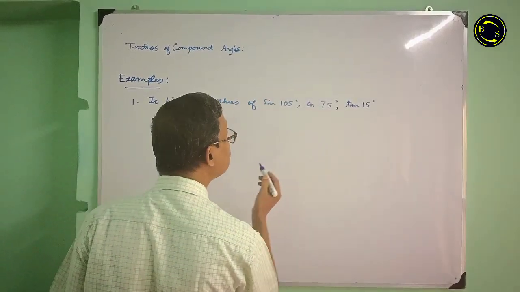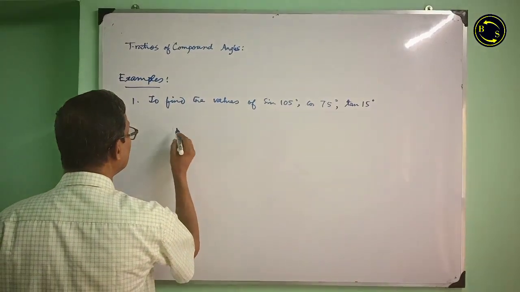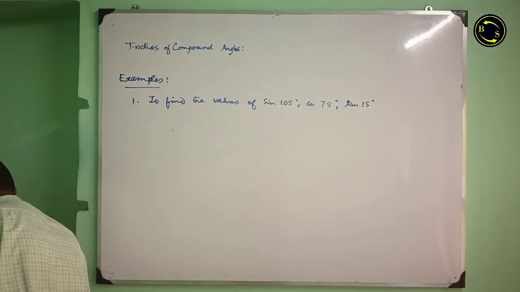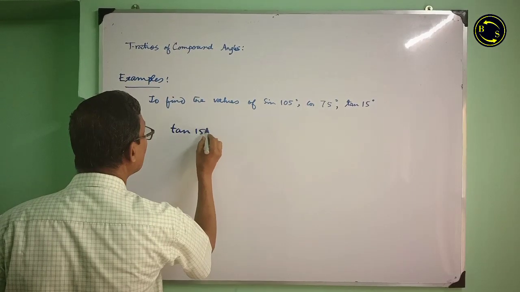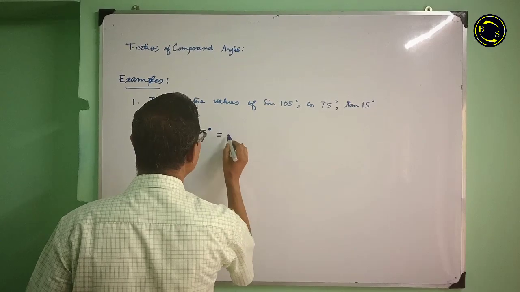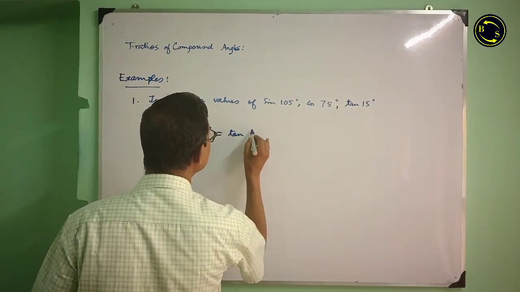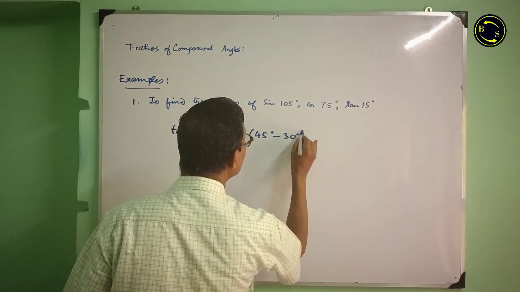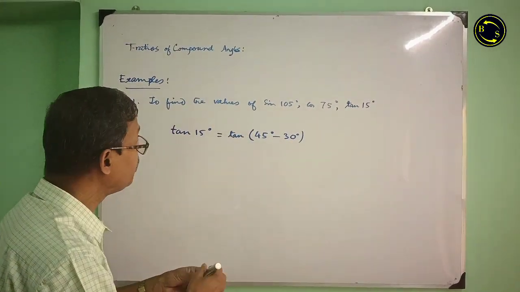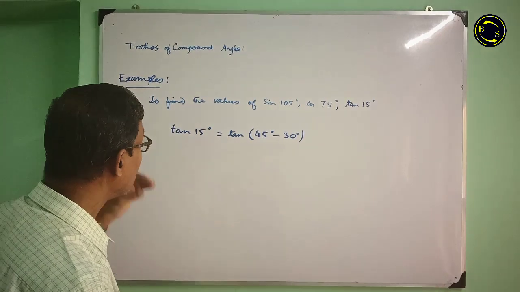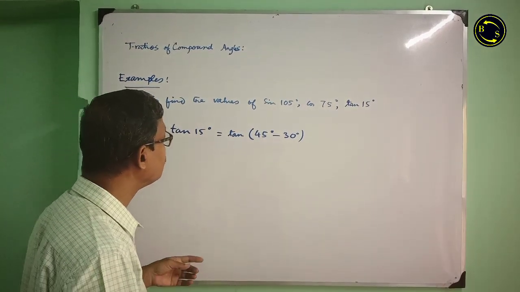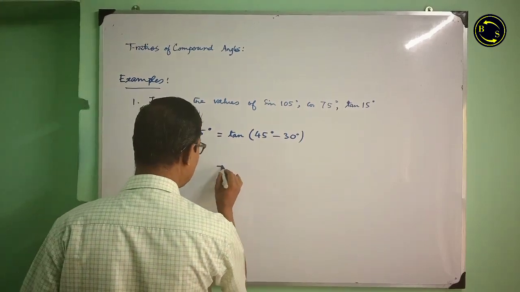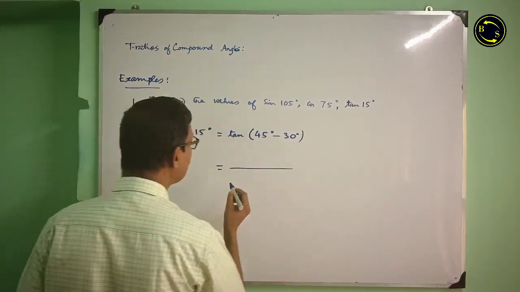Now, let us find the value of tan 15 degree. Now, 15 degree can be written as 45 degree minus 30 degree. Also, you can take 60 degree, 45 degree also. Now, we apply the formula.